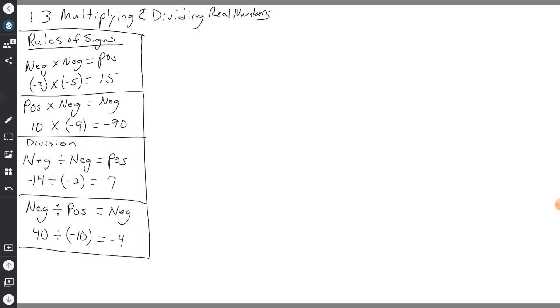And when we saw a double negative in the problems earlier, basically this was the idea: a negative times a negative. And it became a positive.